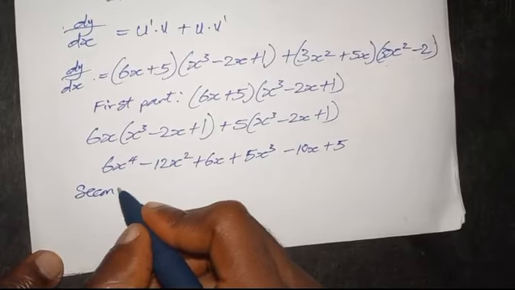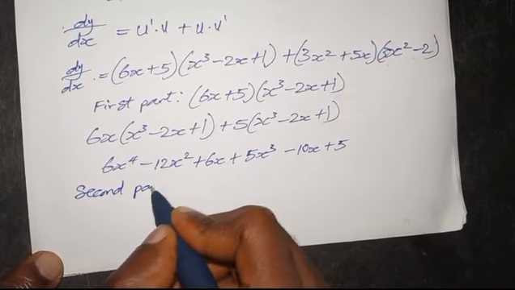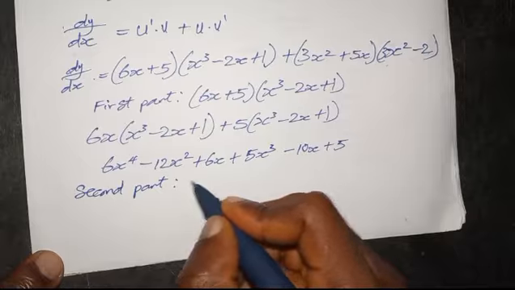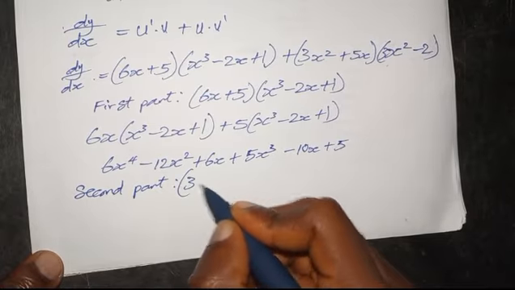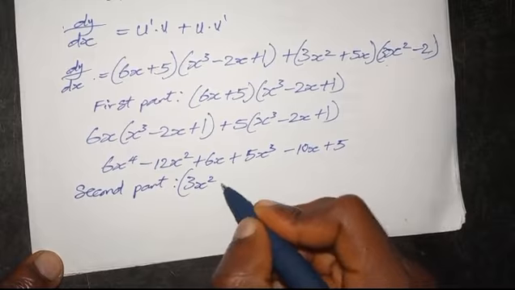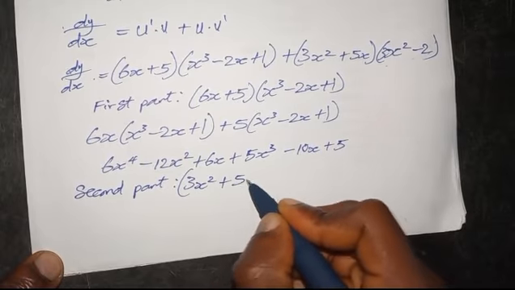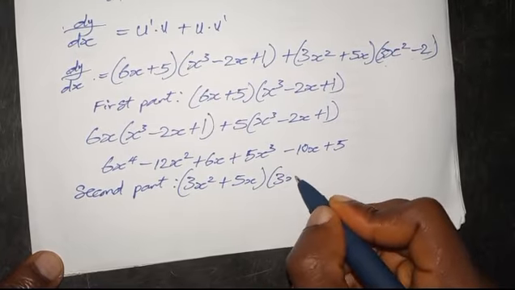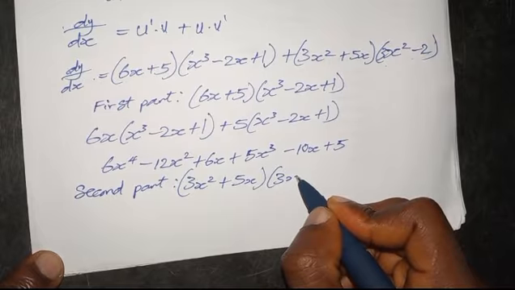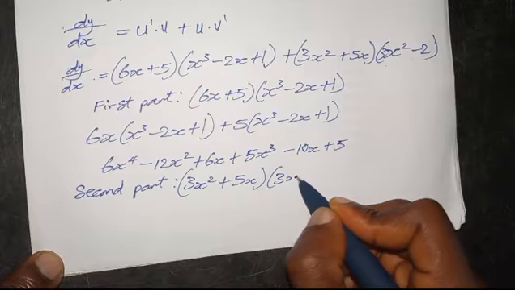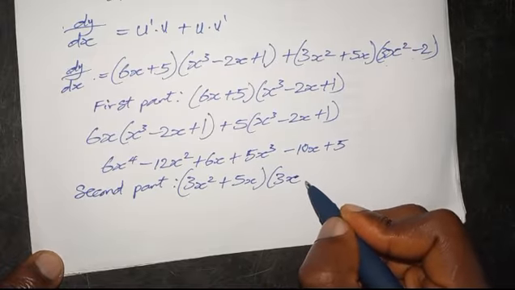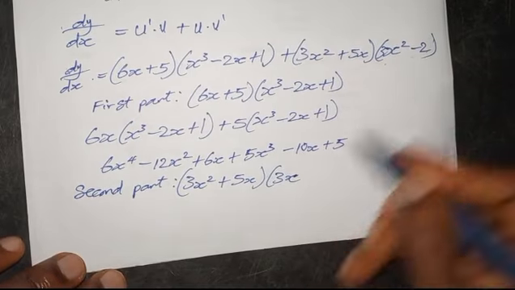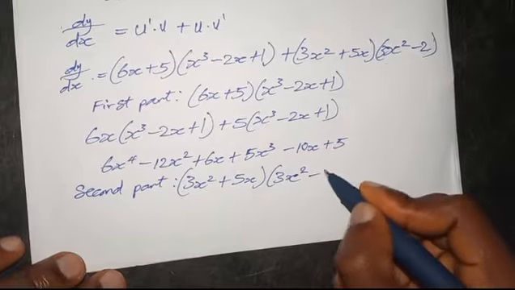Also solve for the second part. The second part is (3x squared plus 5x), and this one is also (3x squared minus 2).